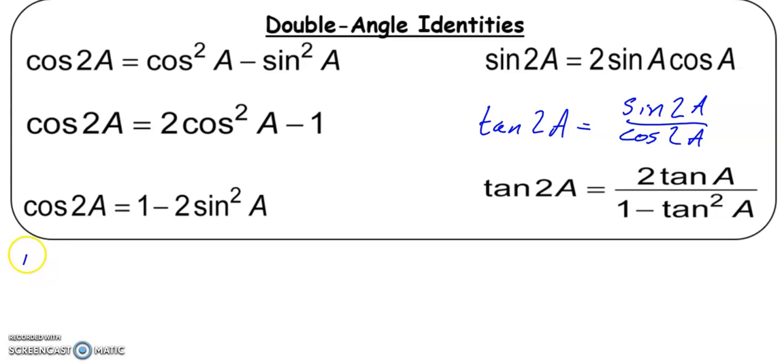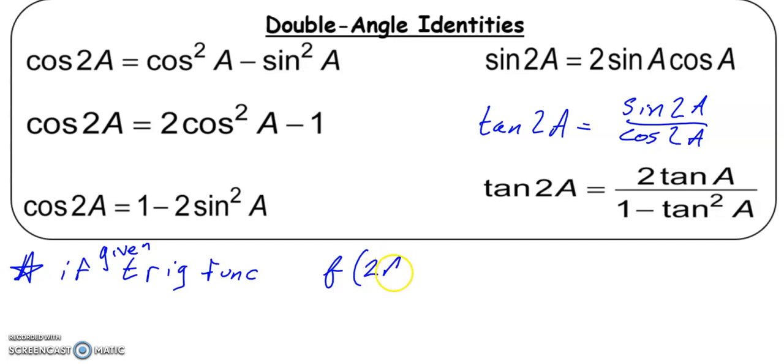I would like to remind you, very important: if we are given a trig function, in general, if f is a function, the trig function of 2a does not equal twice the function of a.